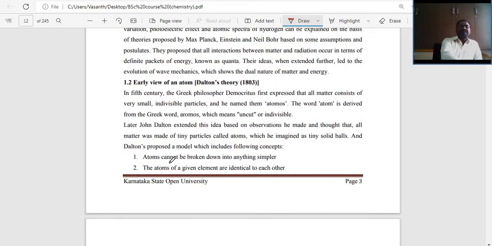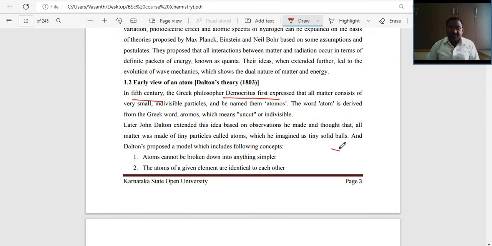Actually, the atomic theory is explained on the basis of Dalton's theory. In the 5th century, the Greek philosopher Democritus first expressed that matter consists of very small indivisible particles and he named them atoms.